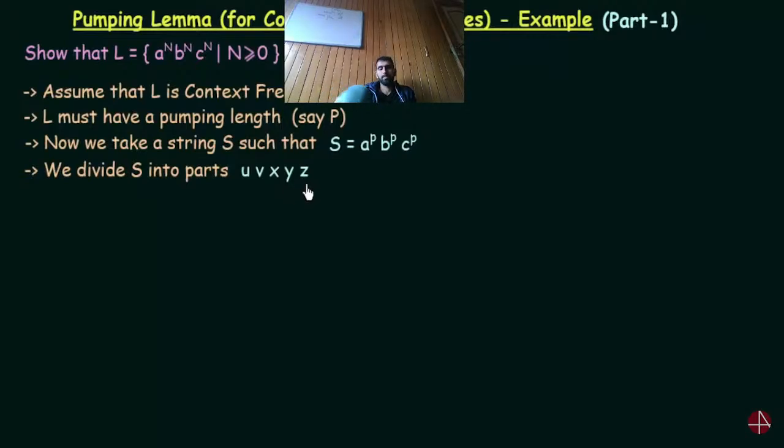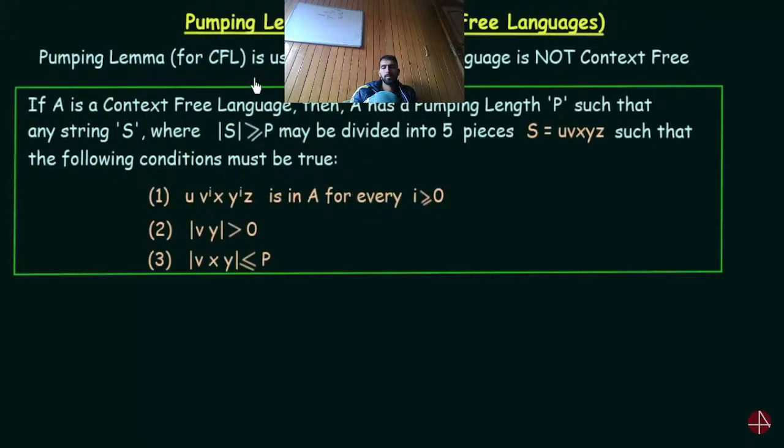Let us look at the rules of the pumping lemma that we studied in the previous lecture, just to recall them. If a language is context-free, then it will have a pumping length. We already assumed that our language is context-free, so it will have a pumping length P. Then we have to divide our string into 5 pieces, u, v, x, y, and z.